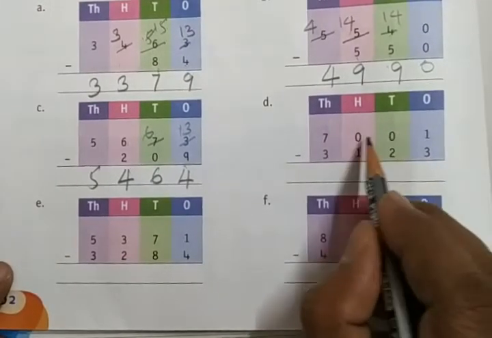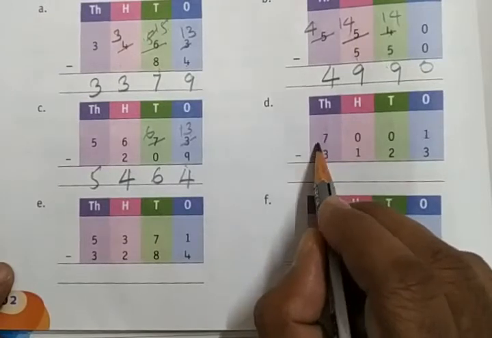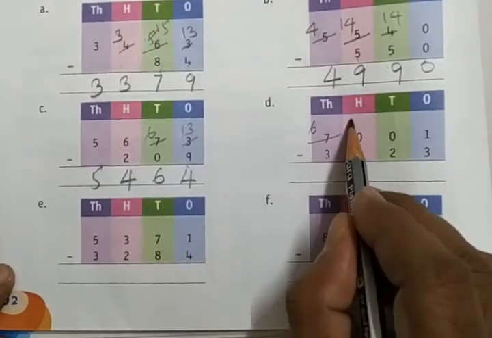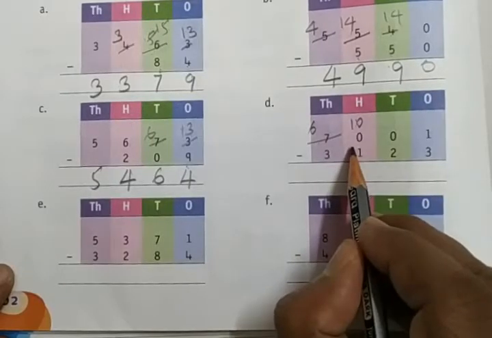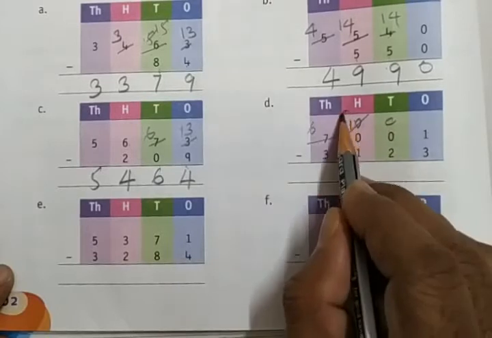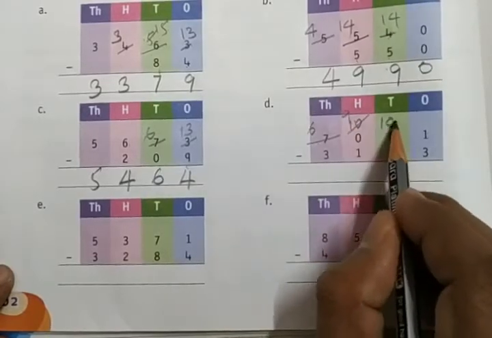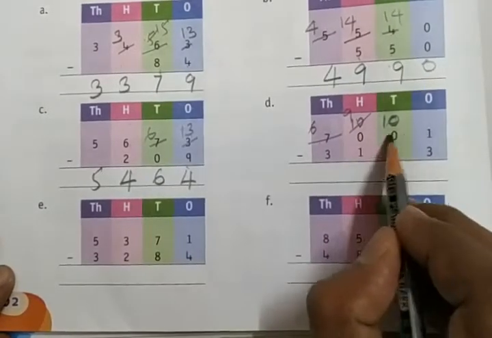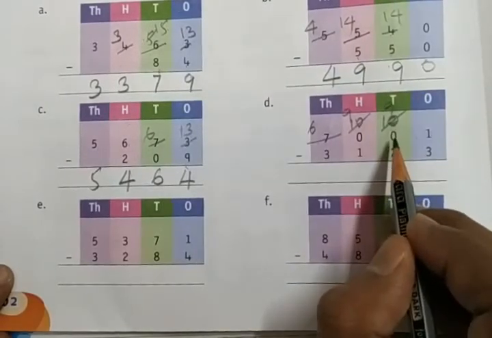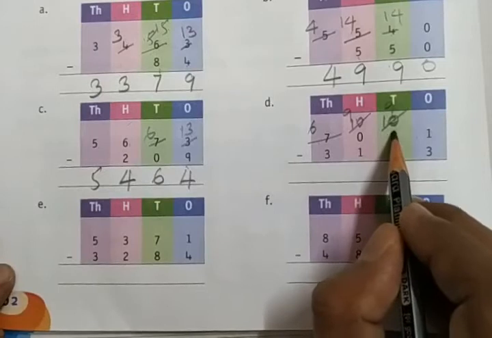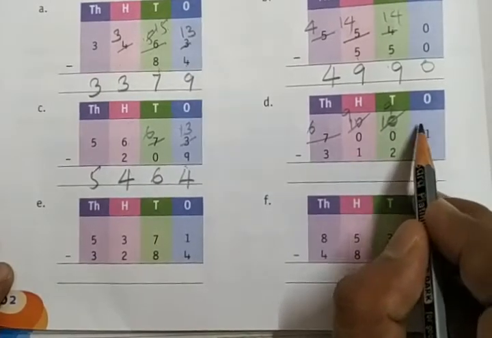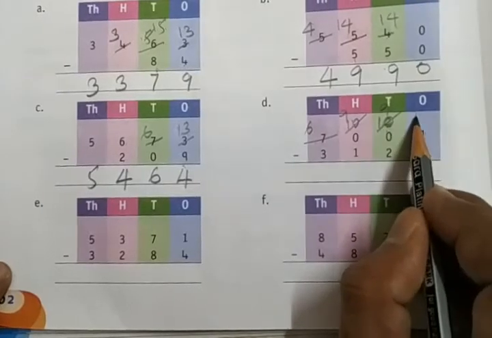Here it is 0, here it is 0. You have to borrow from the 1000 place. It will become 6000. It will become 10. From this you are borrowing, it will become 9. It will become 9 and it will become 10. From this you borrow, it will become 9 and here it will become 10.